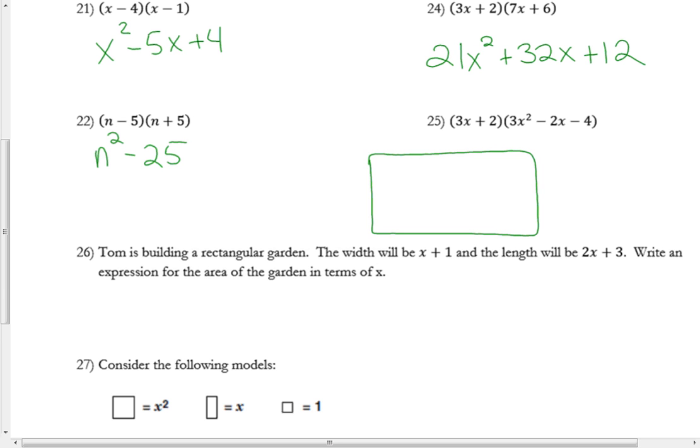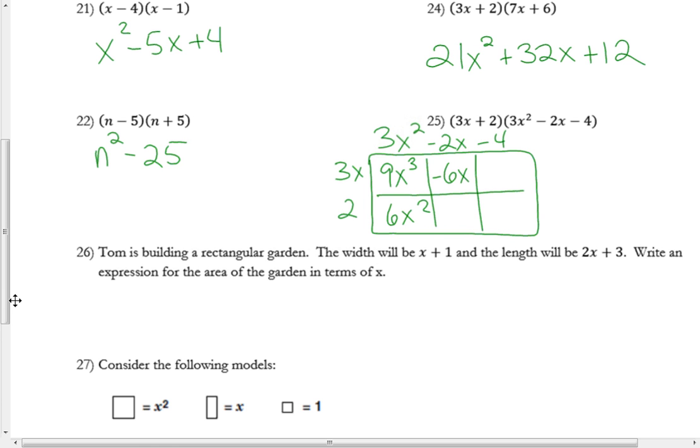And then finally, in 25, we have 3x plus 2 times 3x squared minus 2x minus 4. A lot of areas here. First, we have 9x to the third. 3 times 3 is 9. X times x squared is x to the third power. Next, we have 6x squared, so 2 times 3x squared.